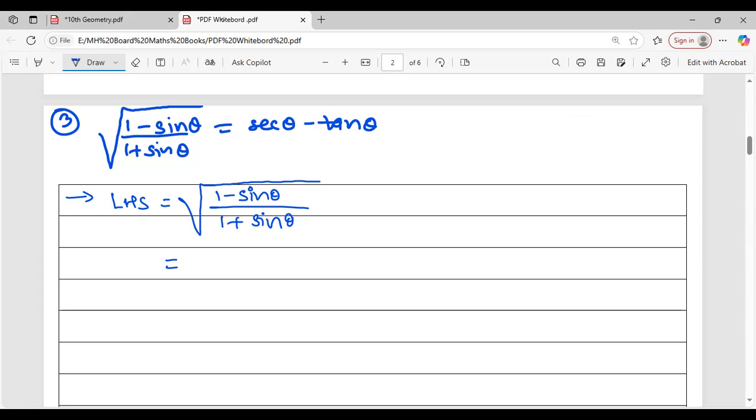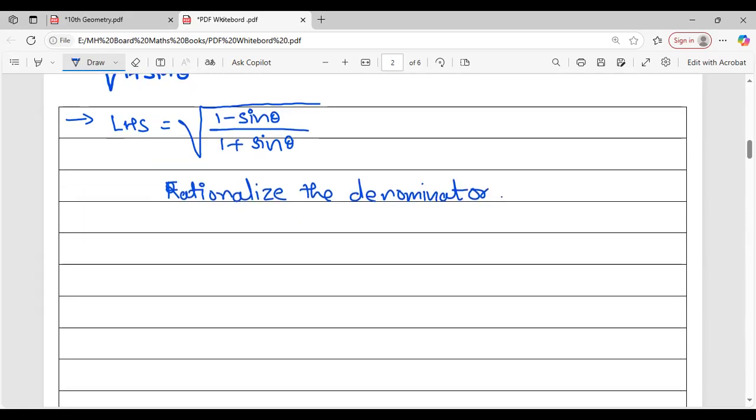Okay. Let's rationalize the denominator. To rationalize, it is like square root separately of the numerator 1 minus sine theta, divided by square root separately of the denominator 1 plus sine theta.